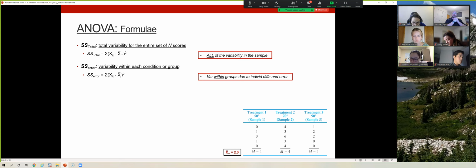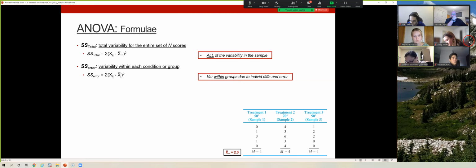We've got our sum of squares error, which is variability within each condition or group. This is our variability within groups due to individual differences and error. We calculate this as the sum of the squared deviations of person I in group J from the group J mean.